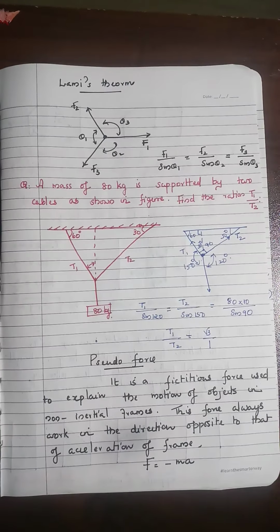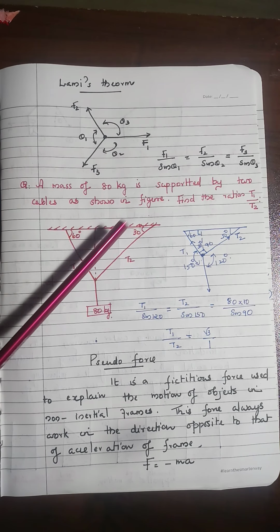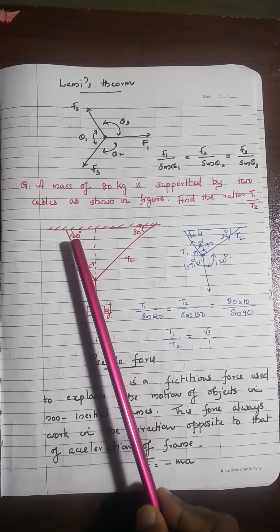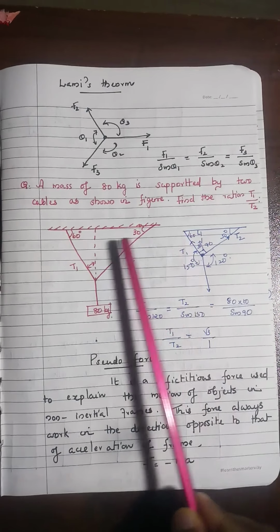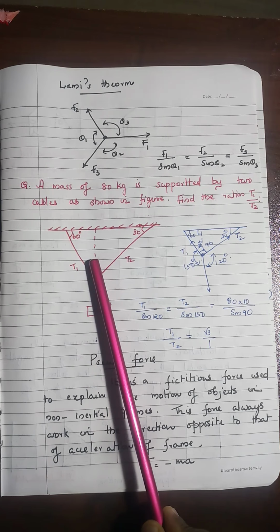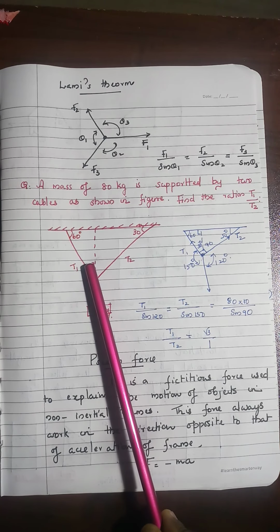A good question. A mass of 80 kg is supported by two cables as shown in the figure. Find the ratio T1 by T2. So look at the figure. Here 60 degree, here 30 degree. This part becomes 90, and hence we can find this angle. So that is 30 degree, 30 degree, 30 degree.